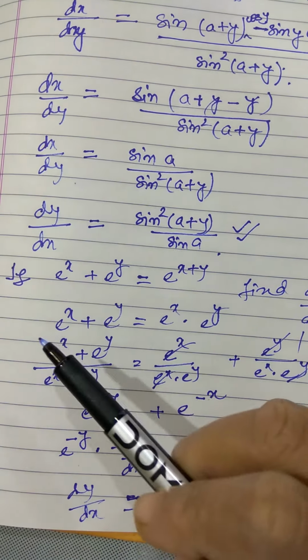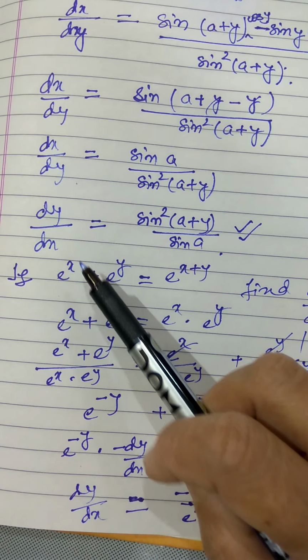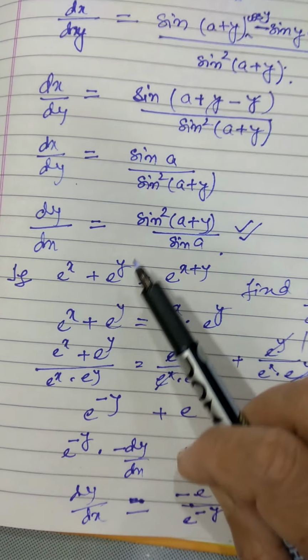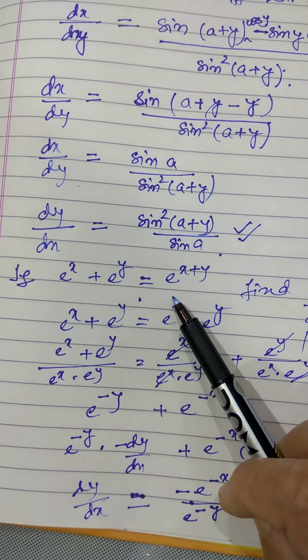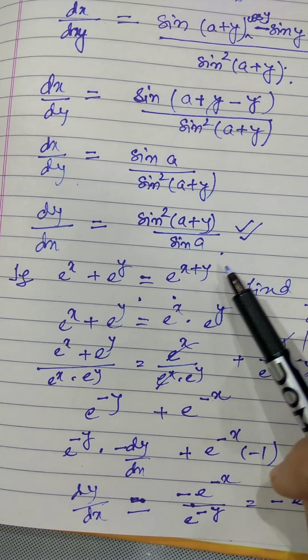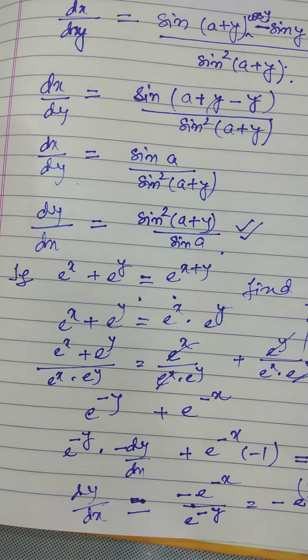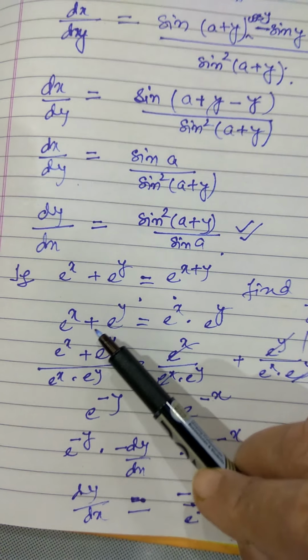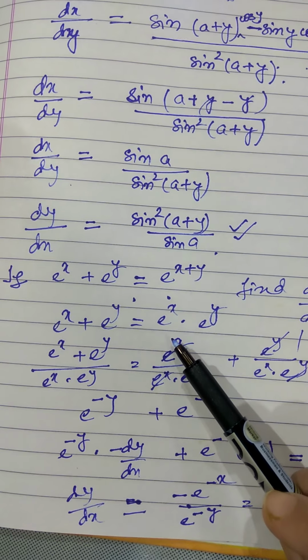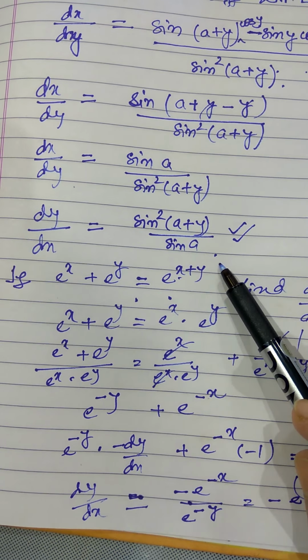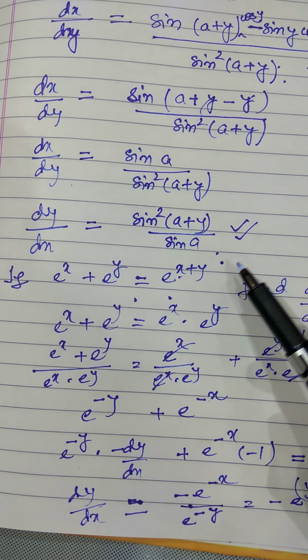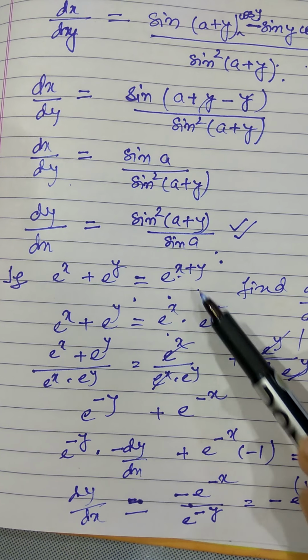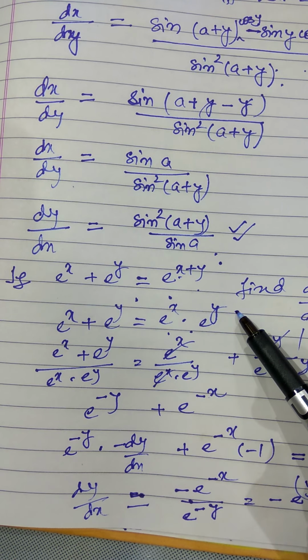Next is, if e^x + e^y = e^(x+y), find dy/dx. So e^x + e^y = e^(x+y). According to the law of exponents, this is e^x into e^y.